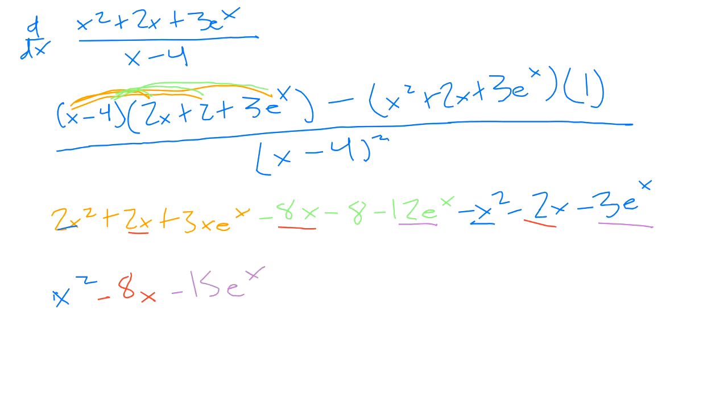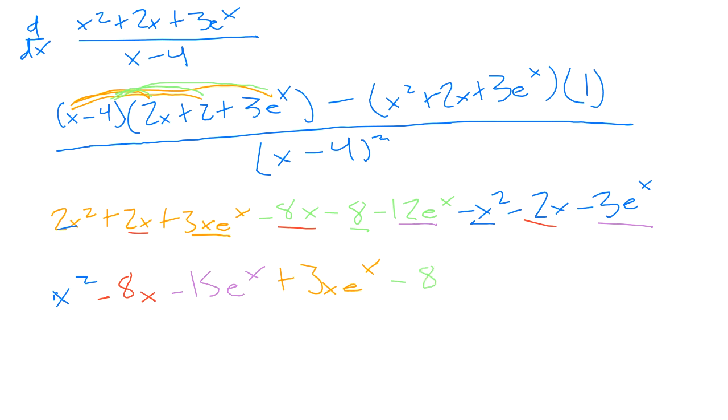And let's see, only two terms we have left unaccounted for do not have any partners, anything to cancel out with, so we're just left with that. Plus 3x e to the x, and then minus 8.